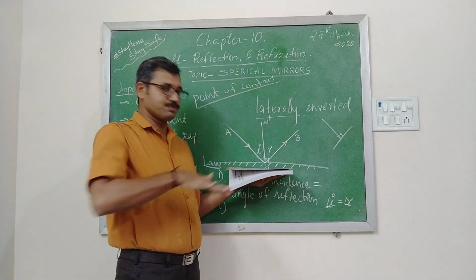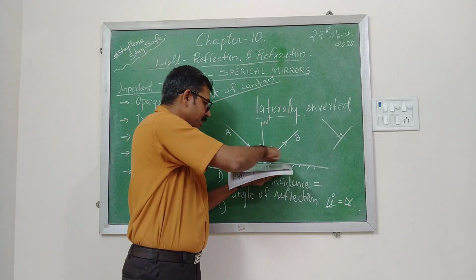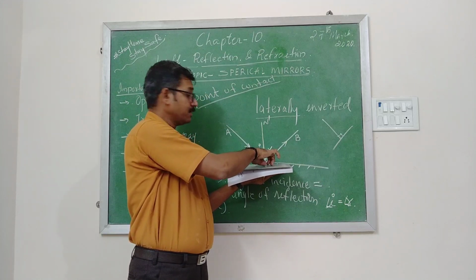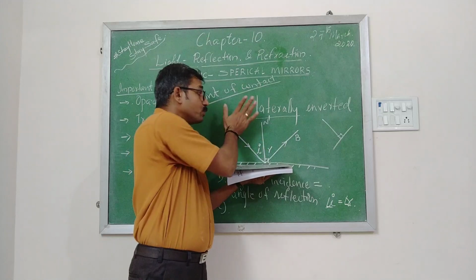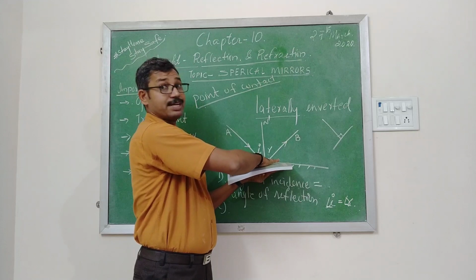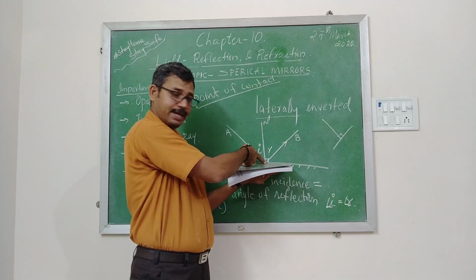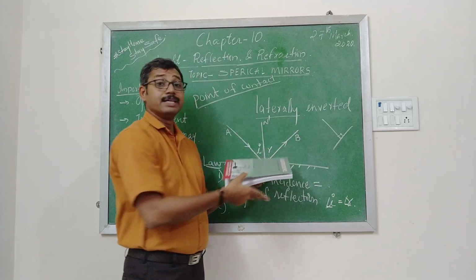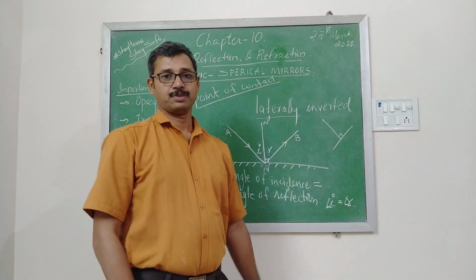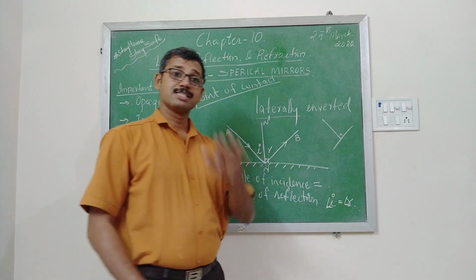One is this plane and one is this plane. ये इंसिडेंट रे है, ये रिफ्लेक्टेड रे है, ये दोनों तो बोर्ड का प्लेन में हैं। अभी जो नॉर्मल को मैं ये प्लेन में डाल देता हूँ, वैसे नहीं चलेगा। That is, ये तीनों, मतलब इंसिडेंट रे, रिफ्लेक्टेड रे और नॉर्मल, ये तीनों एक ही प्लेन में होना चाहिए। That is the second law, that is incident ray, reflected ray and the normal lie on the same plane.